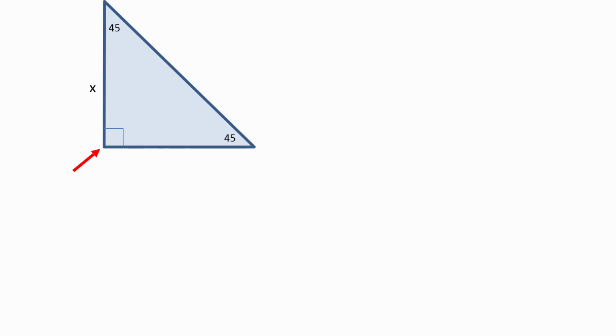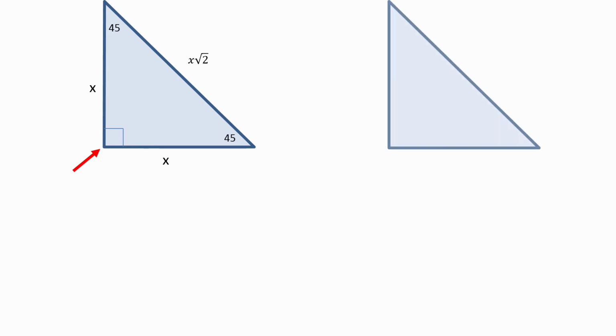We could do the algebra, and that just involves applying the Pythagorean theorem. But it is much better for you, for the purposes of this test, to memorize the relationships among the sides of the two special triangles. So for the 45, 45, 90 triangle, if the legs are length x, then the hypotenuse is x times the square root of 2.